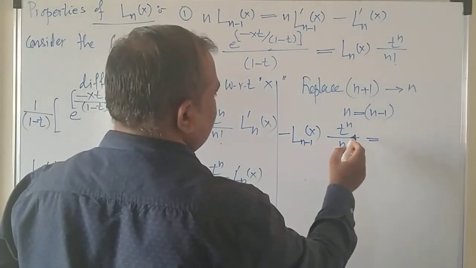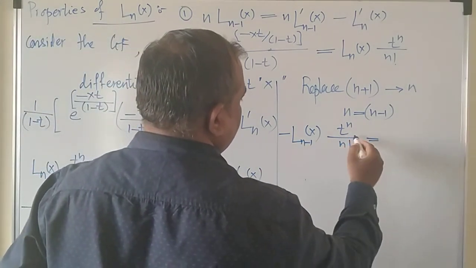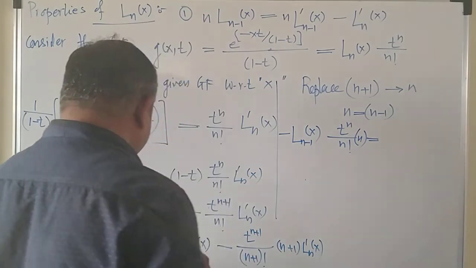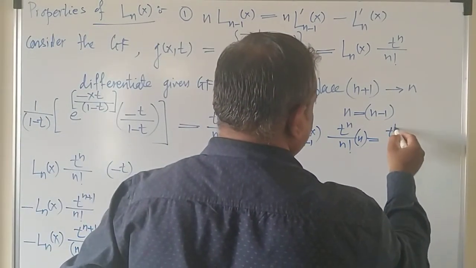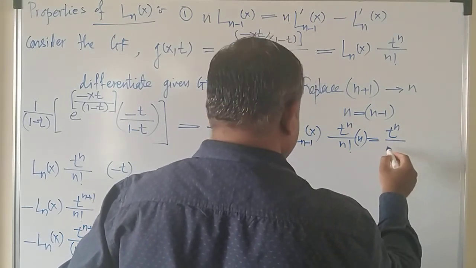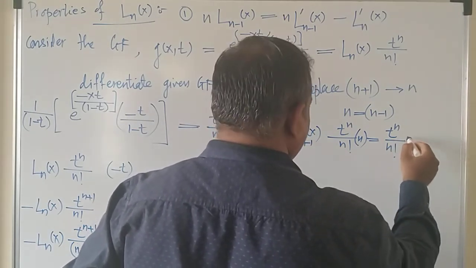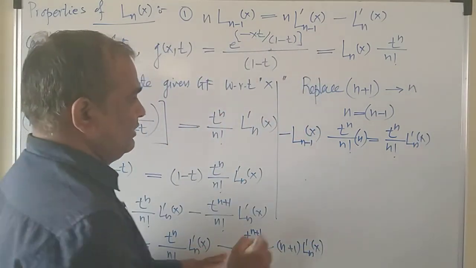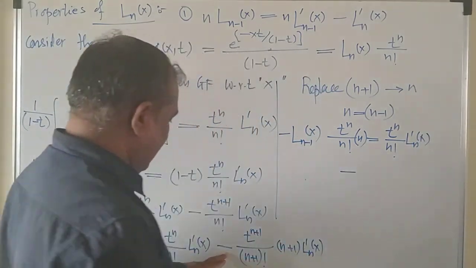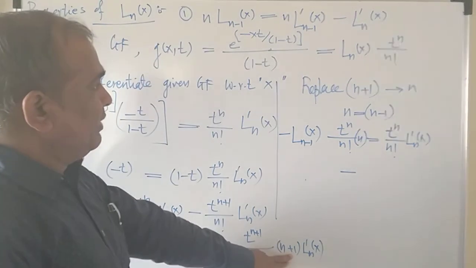I will write n here. This is equal to, now you need not do anything for the first term, t^n upon n factorial into L_n dash of x, minus, here you are having n plus 1.